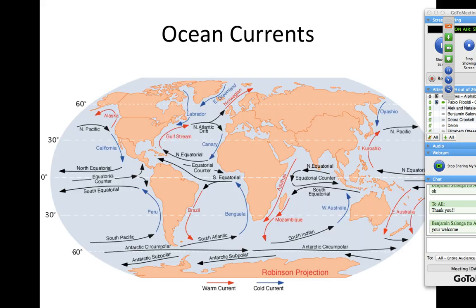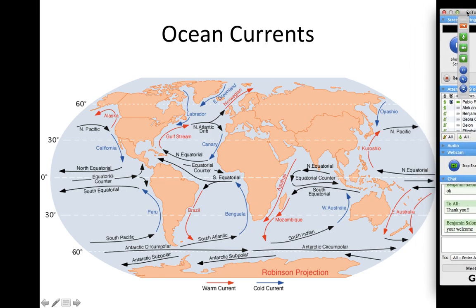All right. And last time we were talking about some of the factors that affect the weather. One of the most important factors that affect the climate of a region is the currents in the oceans, okay?